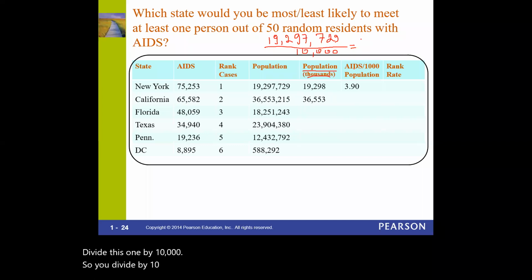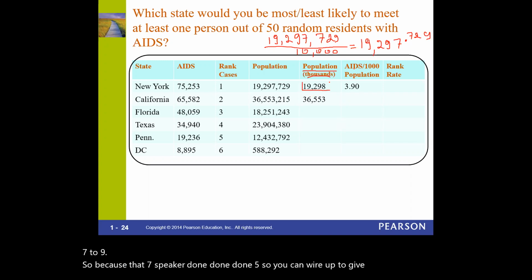This gives you 19,297.729. Because the 0.7 is bigger than 5, you round it up to 19,298.